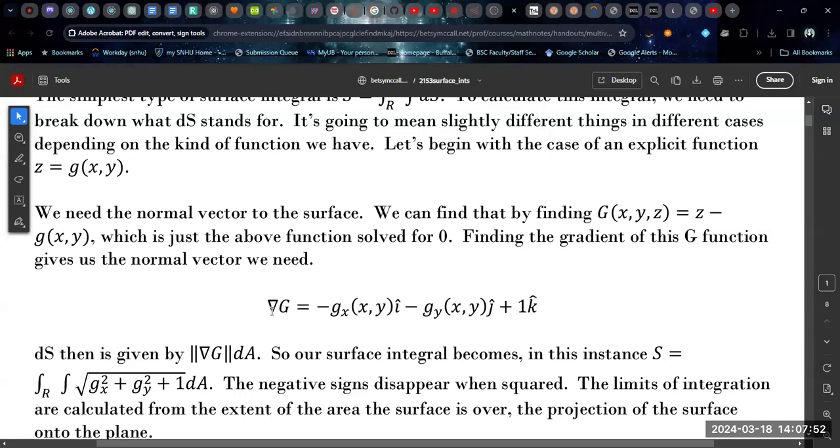So in this case, the gradient of our G function is going to be, based on this example, negative the partial derivative with respect to x of little g in the i component, negative the partial derivative with respect to y of little g in the j component, and 1 in the k component.